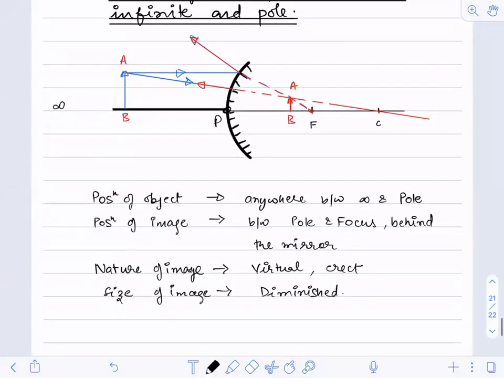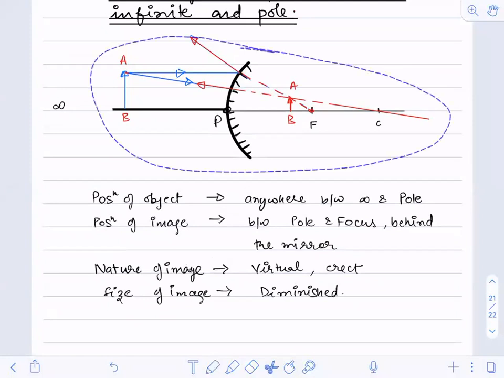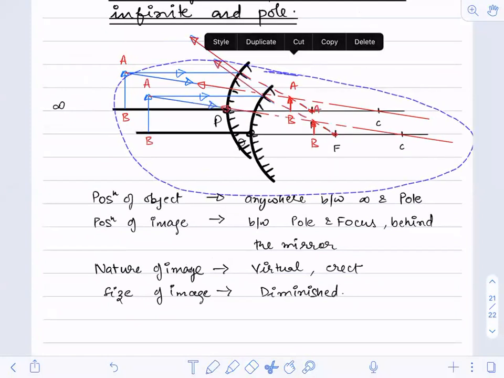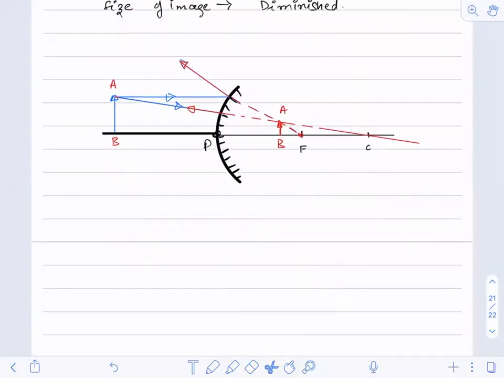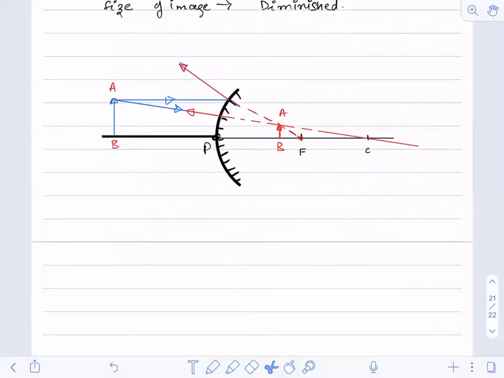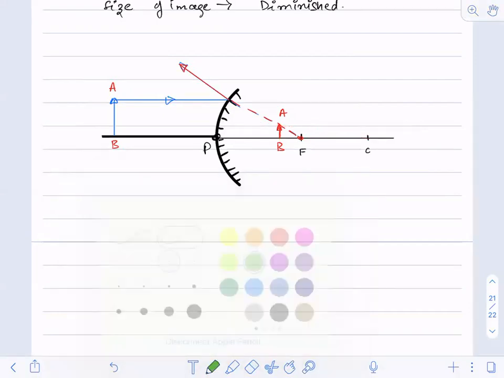Now I told you that I will draw a figure which would involve the rays which will fall on pole. So I will draw that also. Wait for that. Just see this. You will take a ray which will fall on this.